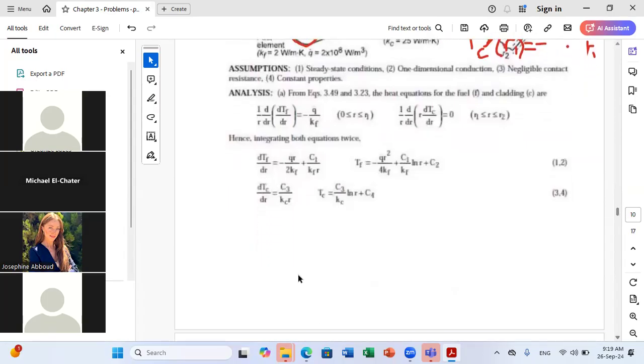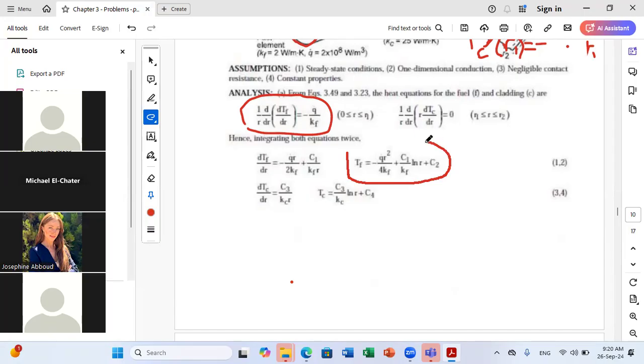Let us go again over these equations. First, since you have generation within the fuel element, the equation is 1 over r d by dr of r dTf by dr equals minus Q dot over K. Then you integrate it twice to get the expression of Tf as a function of r, and you have 2 unknowns to determine, C1 and C2. In the annulus, you don't have generation, so whenever you integrate, you don't get this generation term.